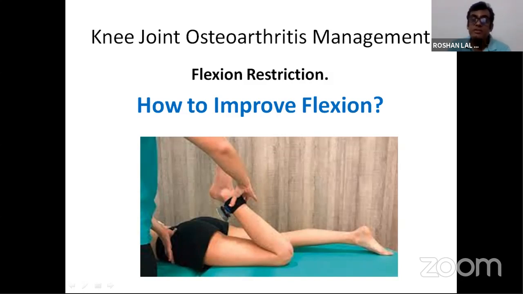Generally, physiotherapists consider passive stretching of the quadriceps to improve the flexion range. But this is not the right step. On many occasions, passive stretching of the quadriceps aggravates the symptoms.